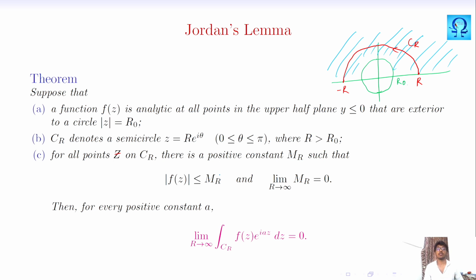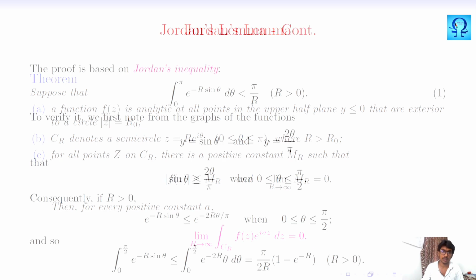If all these hypotheses are satisfied, then for every positive constant a, be it integer, rational, irrational, any positive real number, the limit as r approaches infinity of the integral over CR of f of z e to the power i a z dz is 0. So this is what we are going to prove in this lemma.